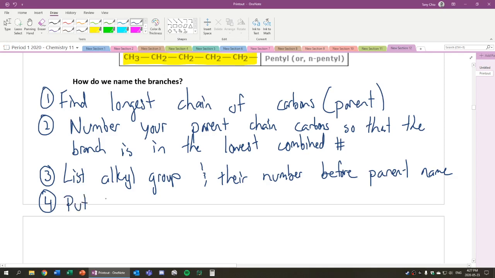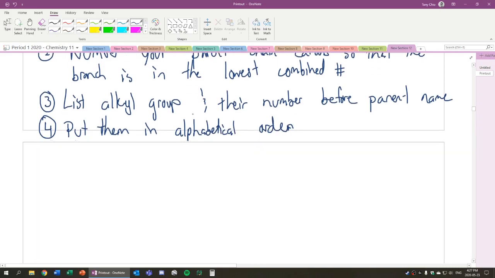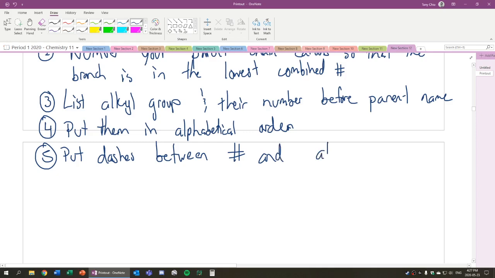Put them in alphabetical order, which means that ethyl comes before methyl. And number 5, put dashes between numbers and alkyl groups or alkyl branches.